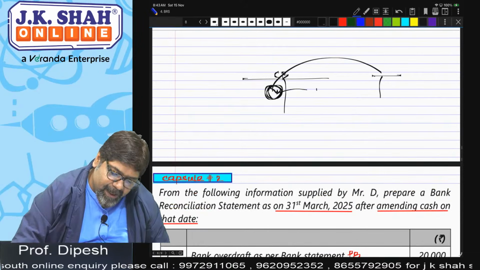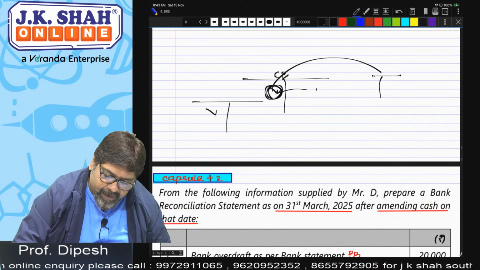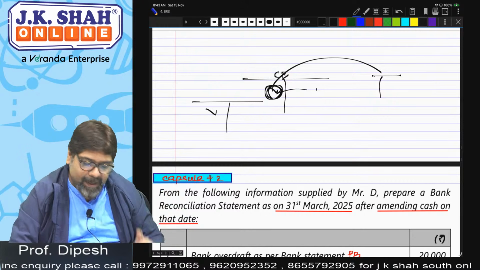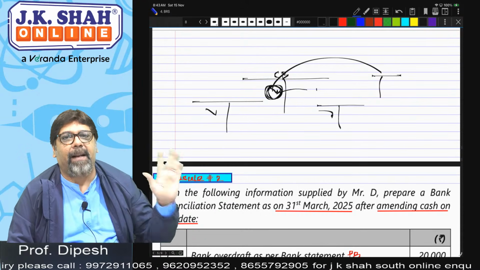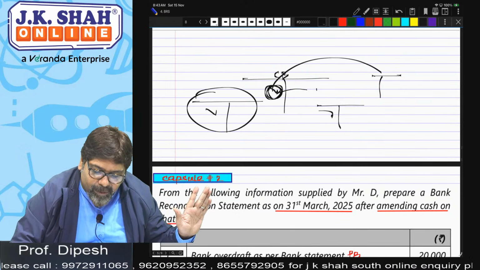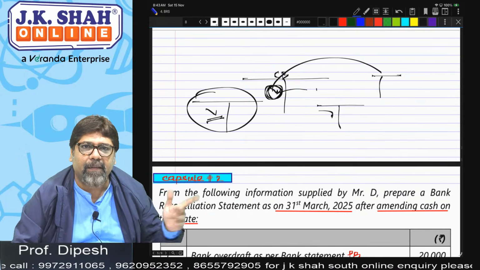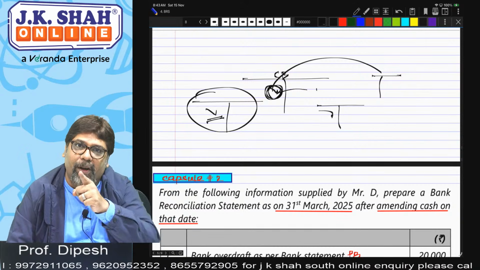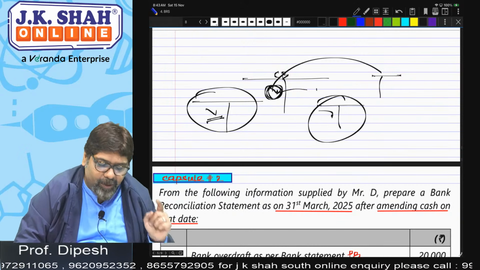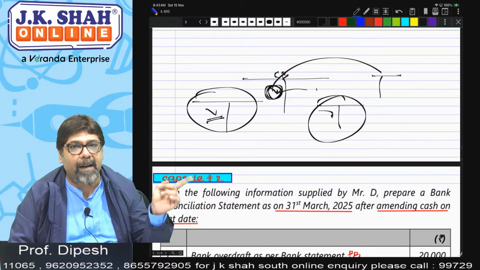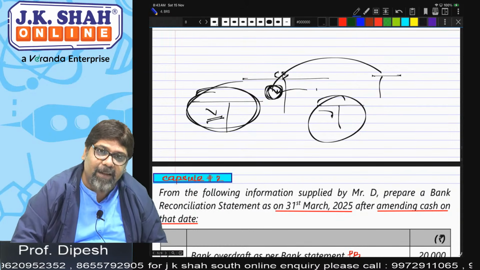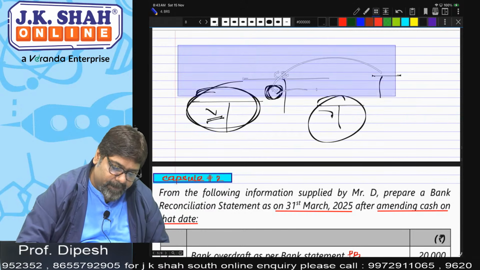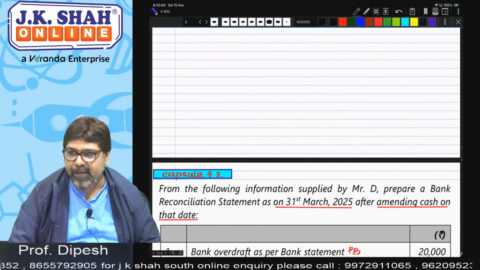So 3 is an error of the cash book, 6 is an error of the passbook. Correct?